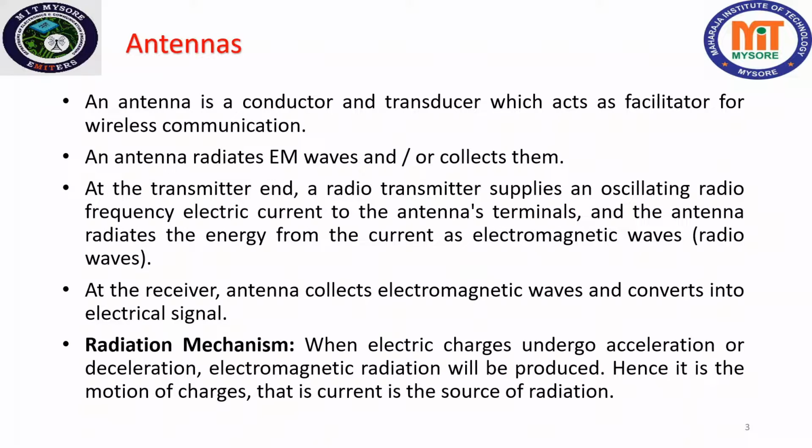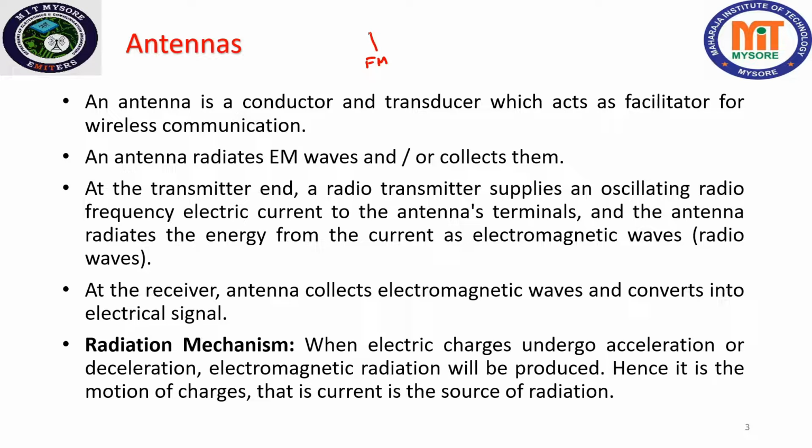So what is an antenna? An antenna is a conductor and it is a transducer which acts as a facilitator for wireless communication. You can consider an example where there is an FM radio station.